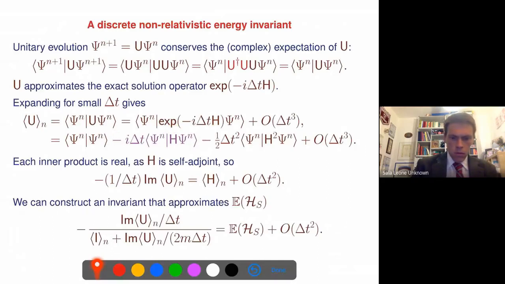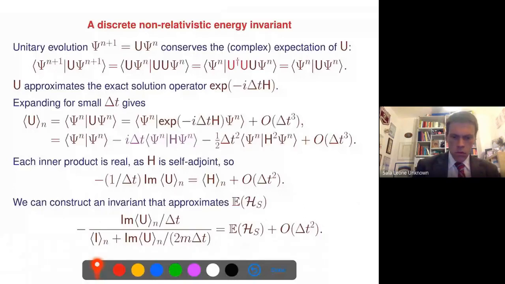This thing I know is real because H and H squared are self-adjoint, and a little thing. So I know the expectation of H is to do with the imaginary part of this invariant, the expectation of the evolution operator. And from this, I can play my non-relativistic games, pop this thing down in the denominator, and I get a discrete invariant that approximates the expectation of the continuous Schrödinger Hamiltonian.